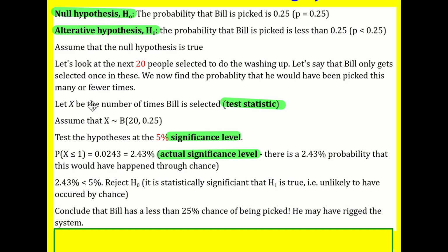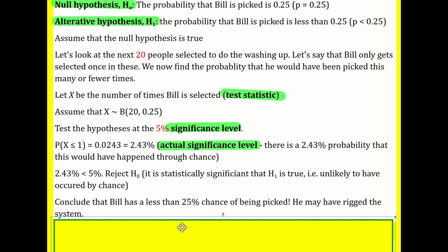And then we test it at a significance level of some choosing. We work out the probability of the events happening that actually has happened, and we compare them, and then we can either reject or accept H0, and then we can make a conclusion.